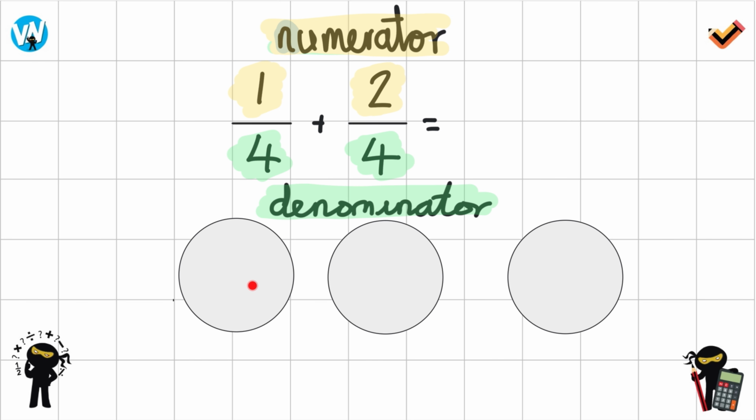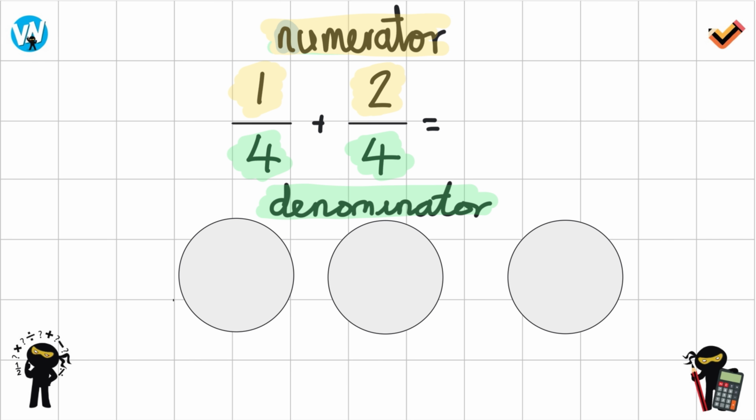We can visualize that down here at the bottom. Fractions are always equally shared, so forgive my less than straight lines here. When we talk about the numerator and the denominator, the denominator is representing how many parts the whole is being split into. In essence, the whole is broken into 4 parts.